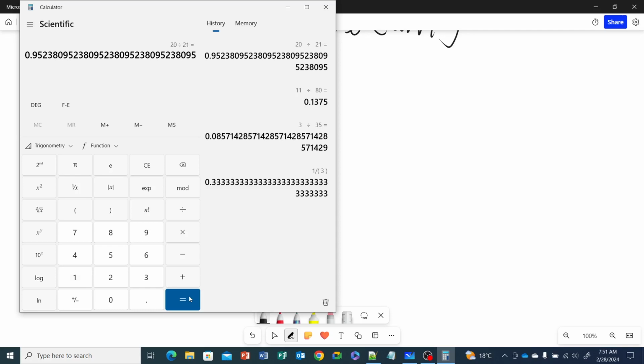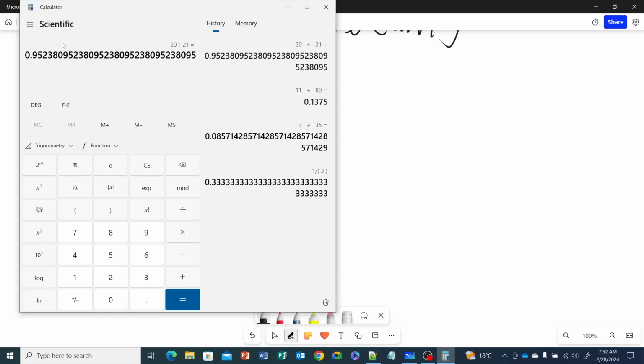So we have 0.952380, 952380. Look at here. I'm trying to highlight here, guys. So can you take a look here on 0.952380.